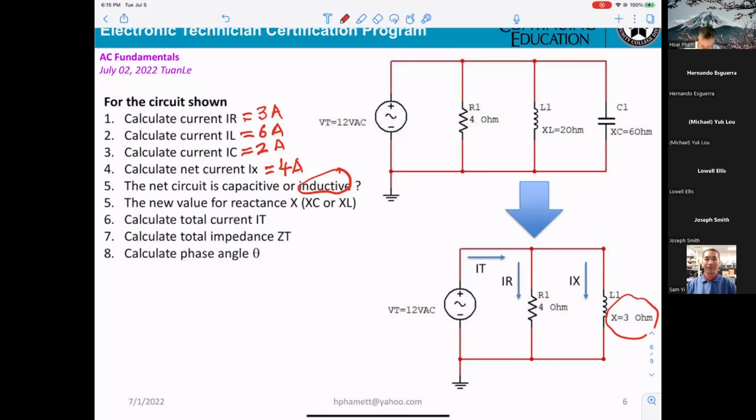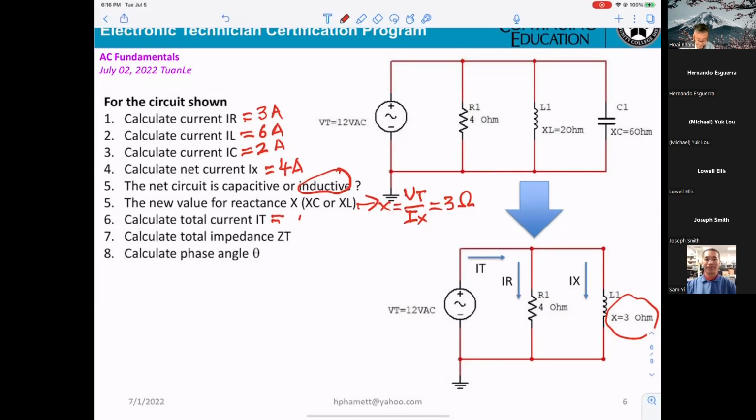Okay. That comes up with X equal V total divided by IX. That gives you 0. Okay, then the total current, five amps.